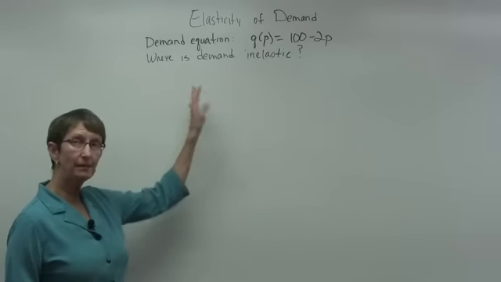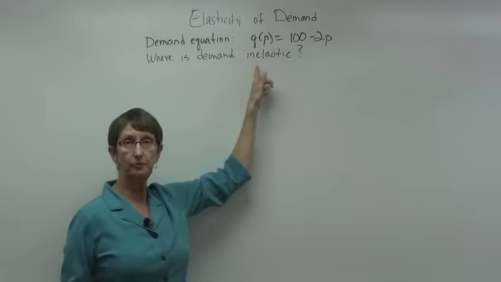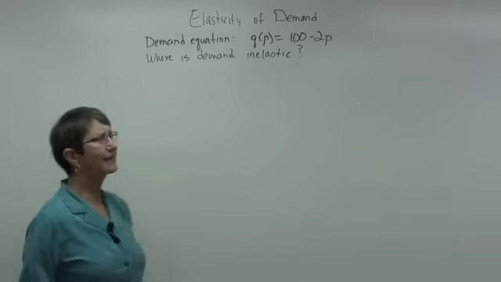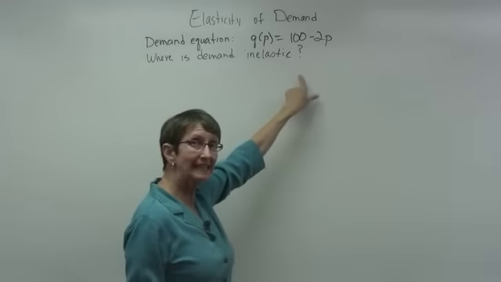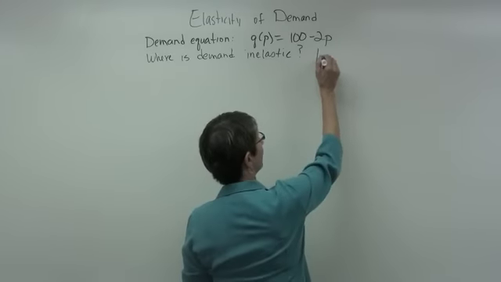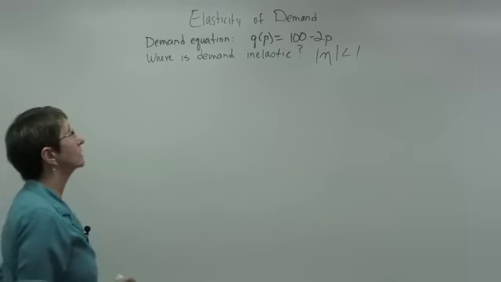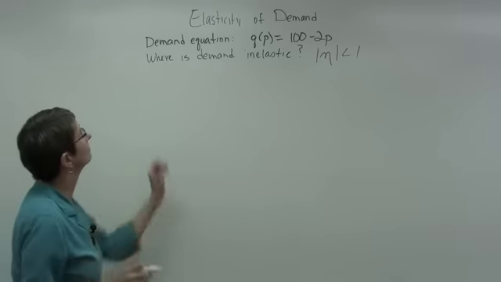For our elasticity problem, we're given that the demand equation is Q of P equal to 100 minus 2P, and we want to find out where demand is inelastic. Remember that for demand being inelastic, it means that the absolute value of eta is less than 1. So we'll be working with absolute values and inequalities.